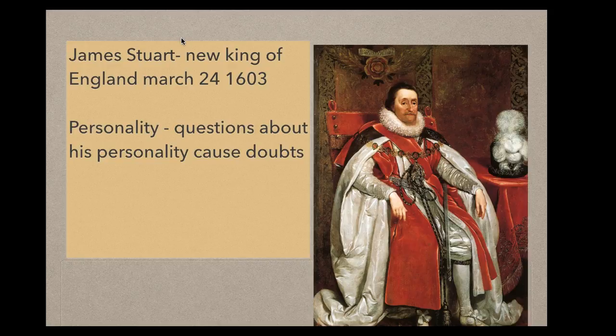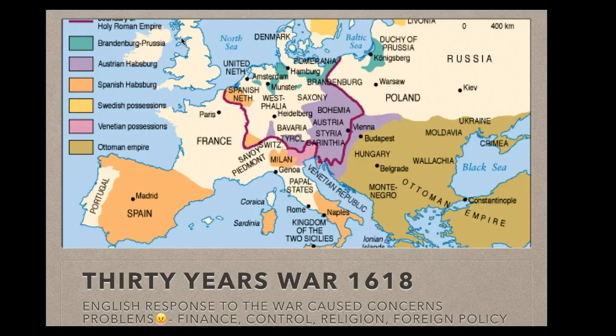So I think there are some cultural differences that begin to emerge that also, together with the religious and the tax-based financial issues, begin to push England into a situation where there's going to be open conflict. And if you have any questions about that, please jot them down.